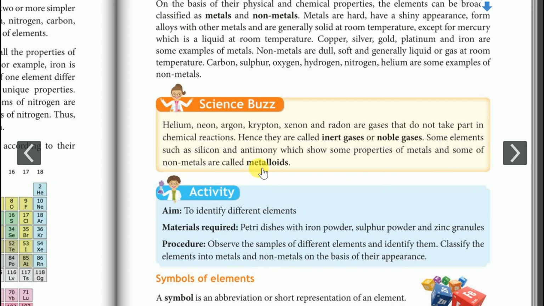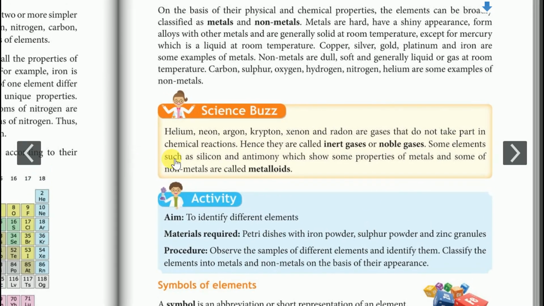Helium, neon, argon, krypton, xenon, radon are gases and they do not take part in any chemical reactions. Hence, they are called inert gases or noble gases.